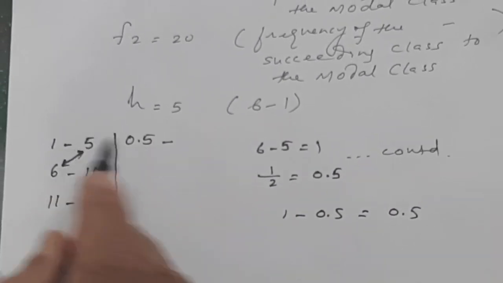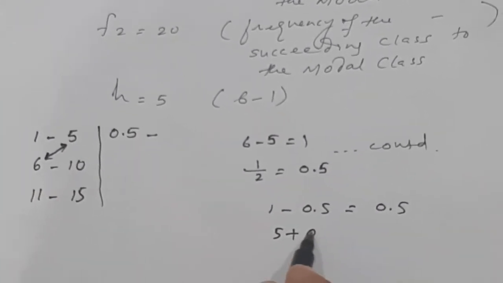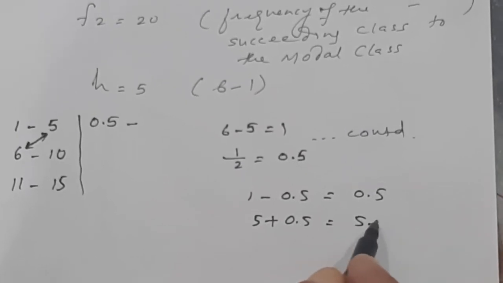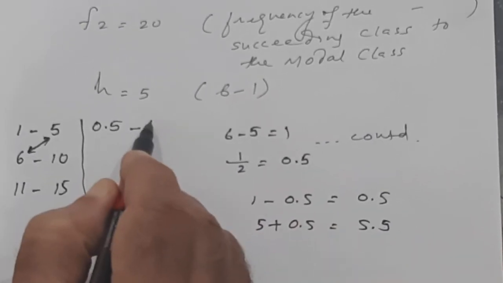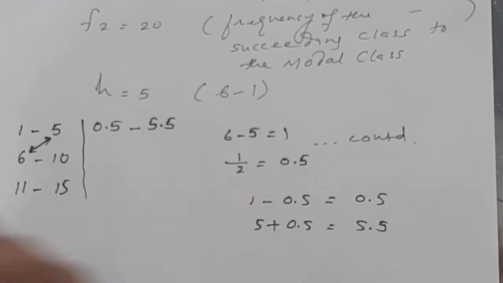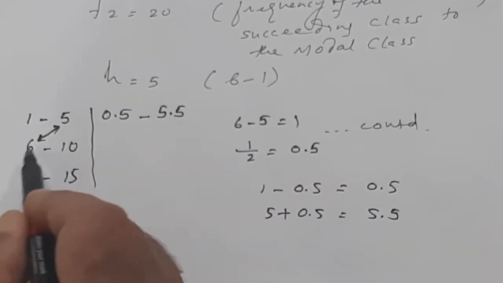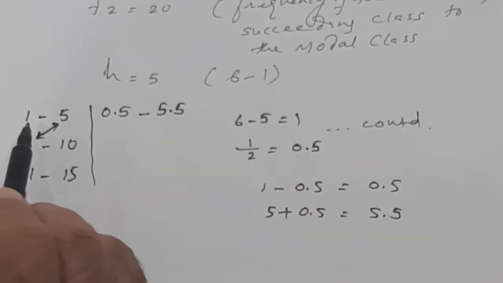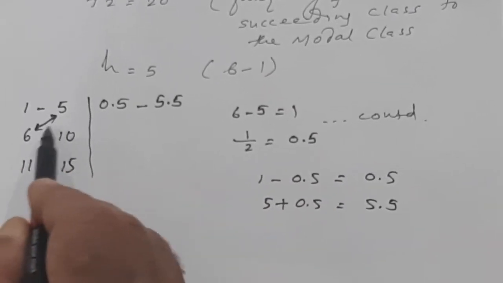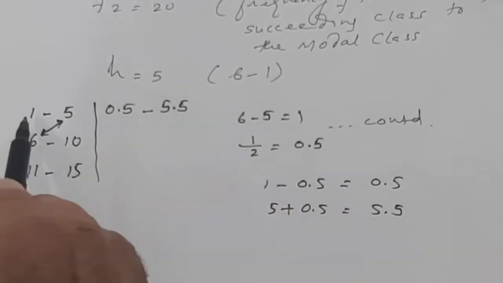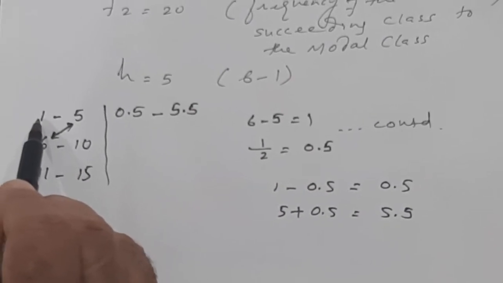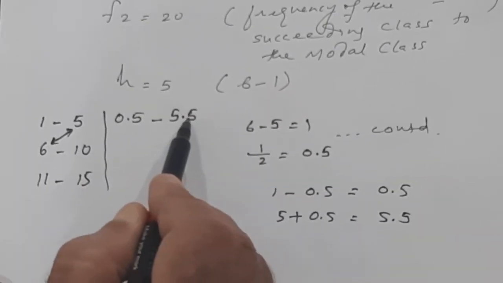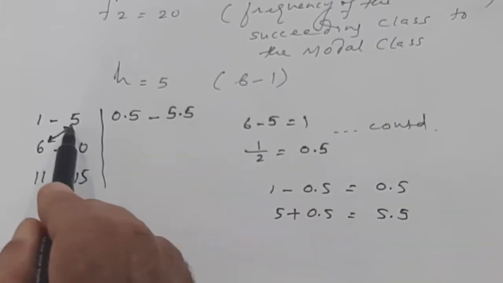So 5 plus 0.5, it will be 5.5. Very simple it is. So find the difference, divide by 2, and whatever the answer comes, if the difference is 1, it will be 0.5. Subtract 0.5 from the lower limit and add 0.5 to the upper limit.